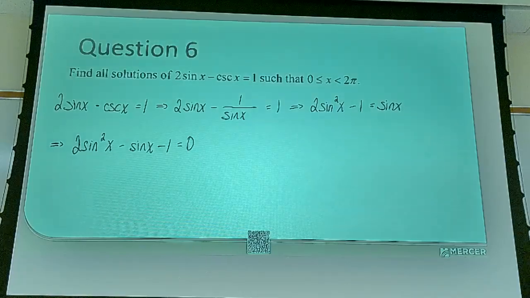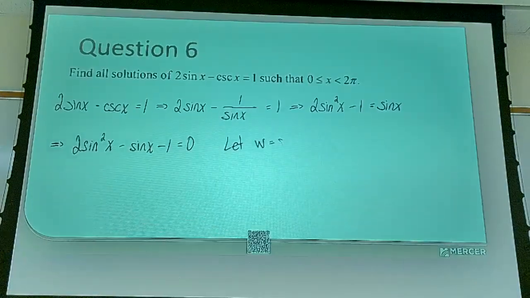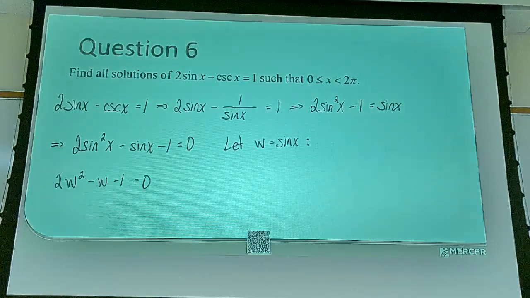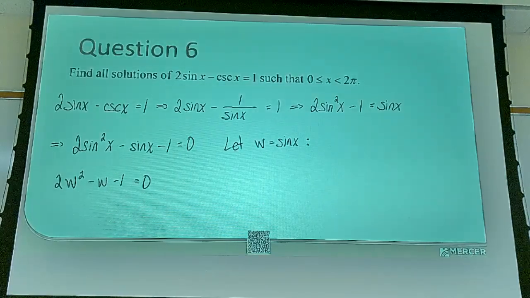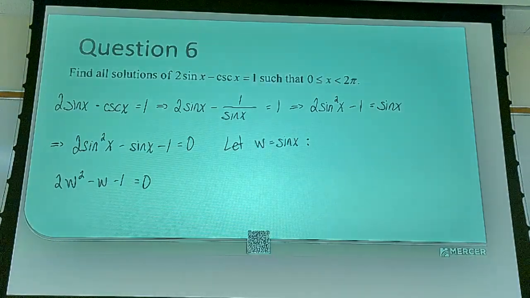And then if you want to, use a change of variable to make it easier. And 2w squared minus w minus 1 equals 0. Can that be factored? Using only integer coefficients?